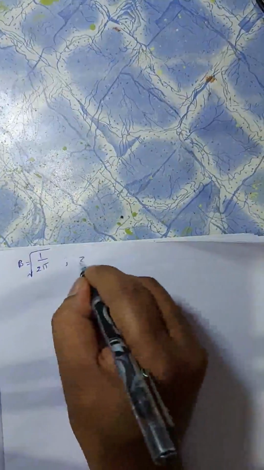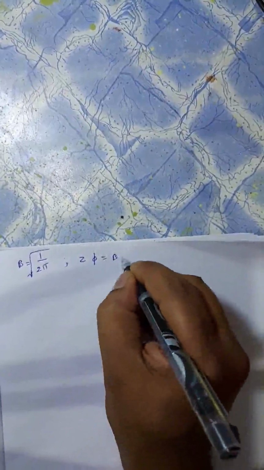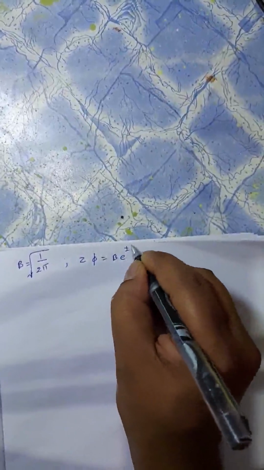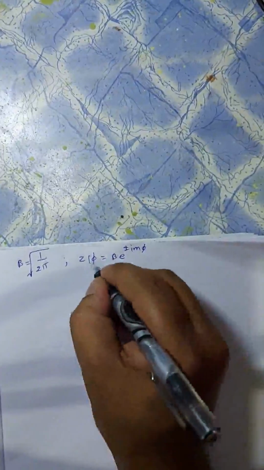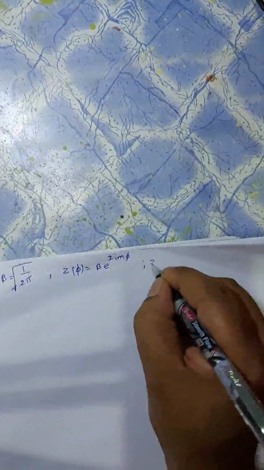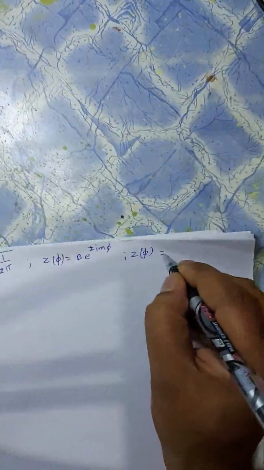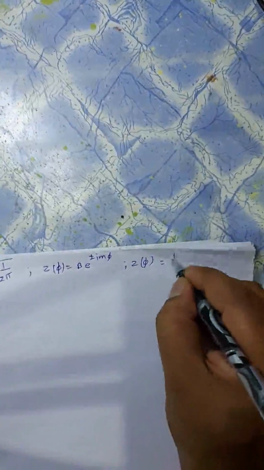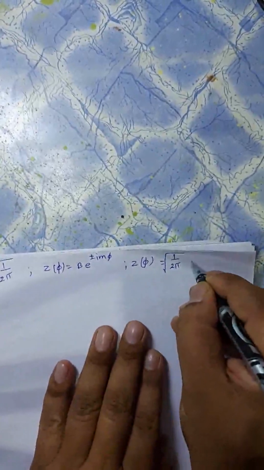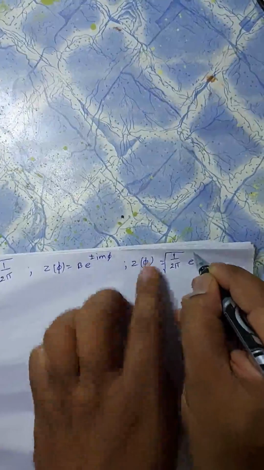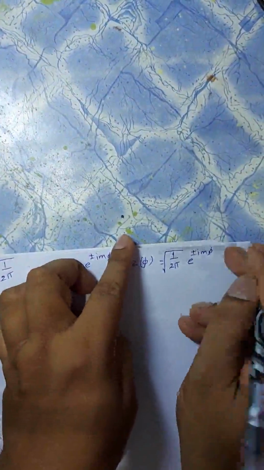Then what is the solution of this equation? Now Z(phi) is equal to B e to the power plus minus i m phi, that we already took. Then what is the solution? The solution is Z(phi) is equal to, in place of B I write the square root of 1 by 2 pi, e to the power plus minus i m phi.